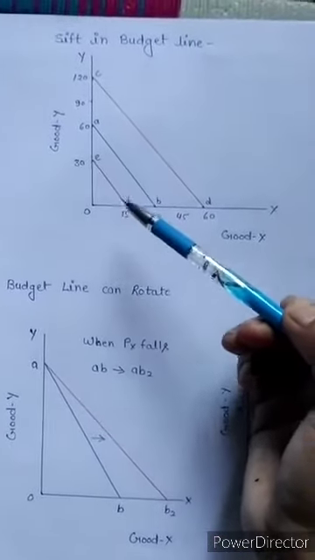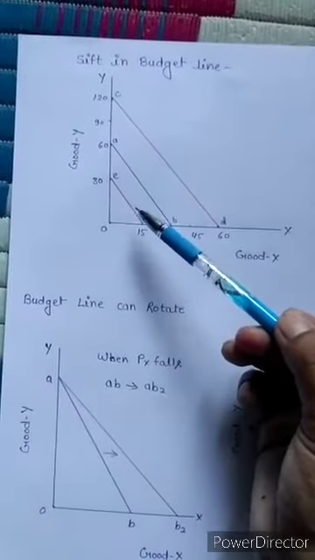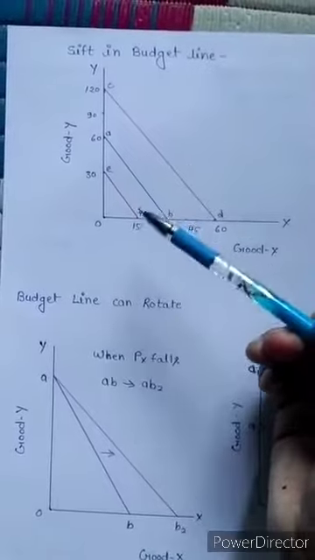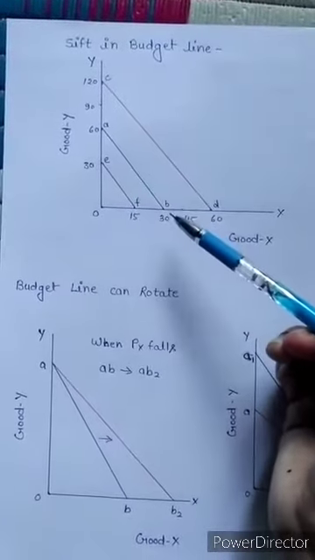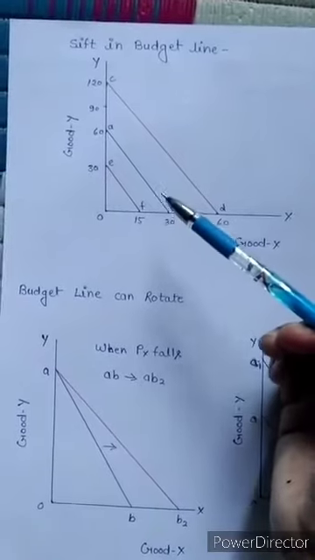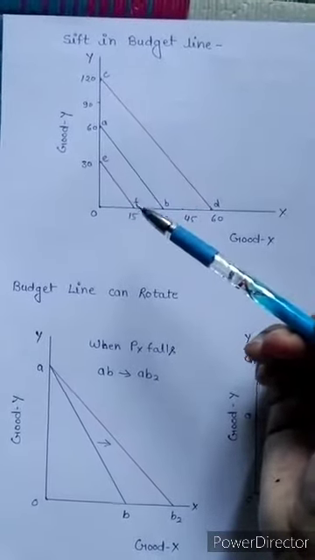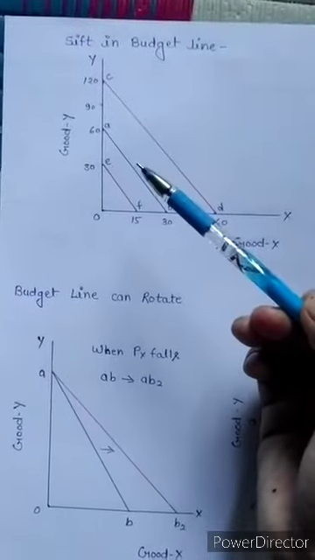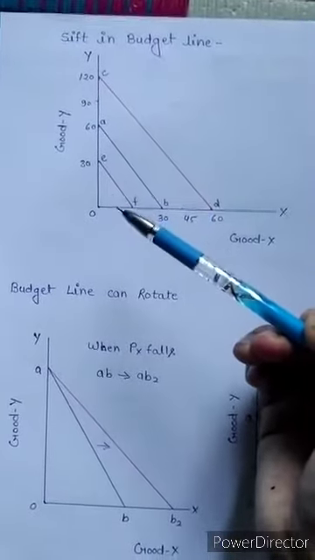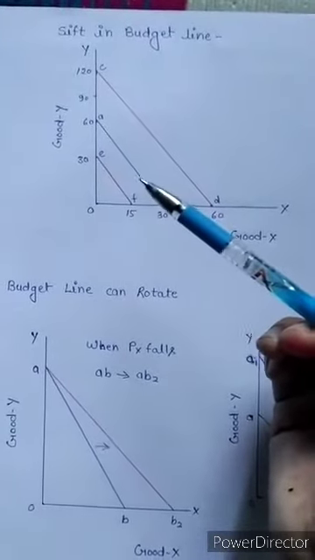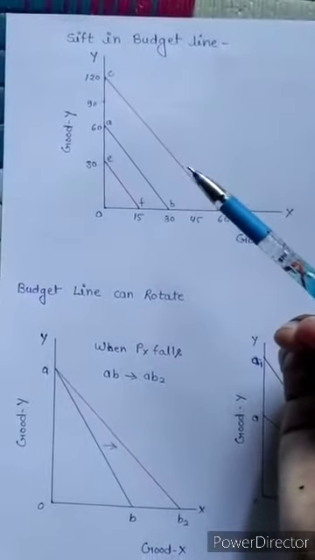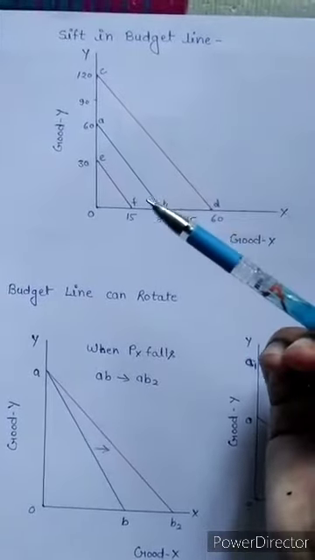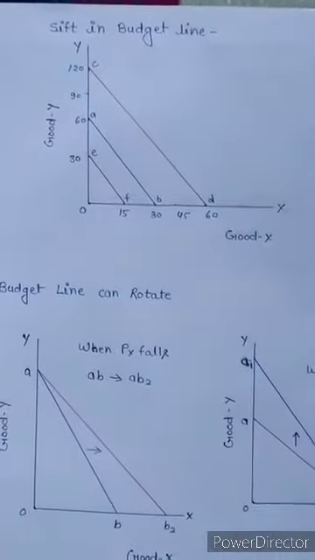Here it is clear by the figure, that if the consumer income increases, the budget line shifts upward and it is parallel to the previous budget line. On the other hand, if the consumer income decreases, the budget line shifts downward and it is parallel to the previous budget line, because here we assume that only the consumer income increases or decreases, there is no change in the price of a commodity.